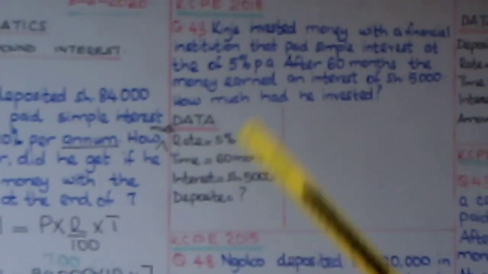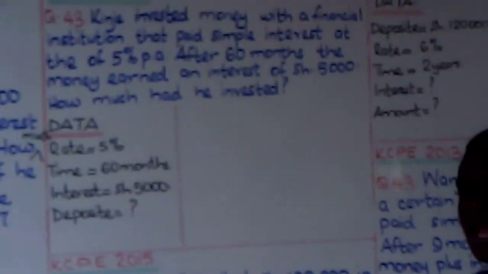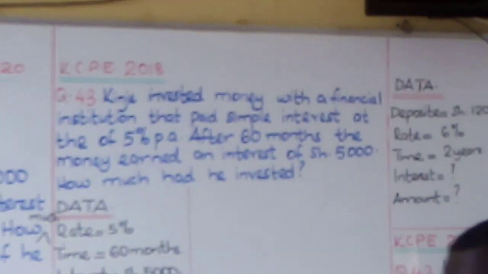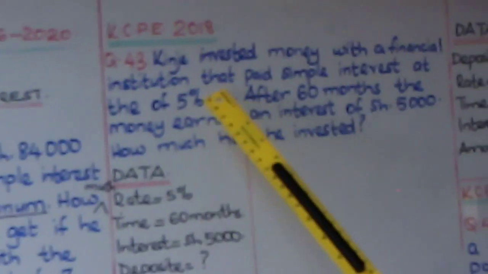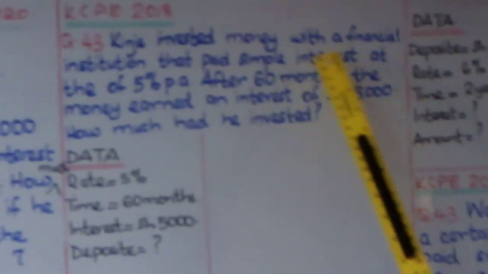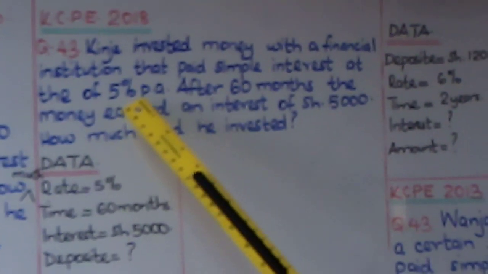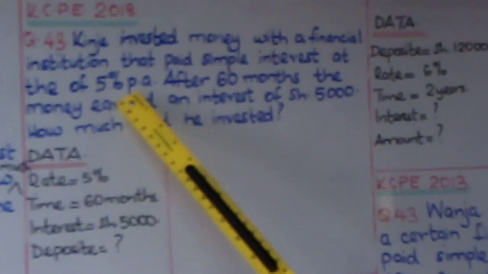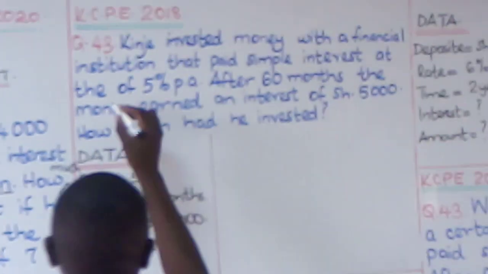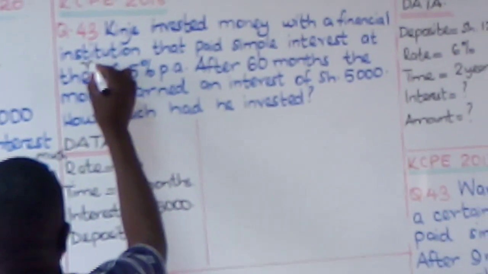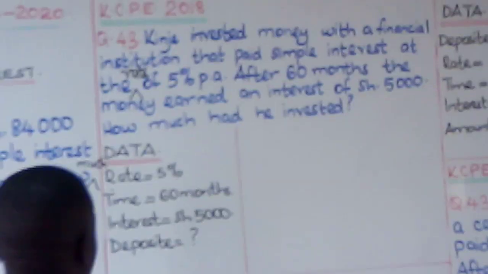KCPE 2018, question number 43. Class, I want us to read together. Kinje invested money with a financial institution that paid simple interest at the rate of, that is supposed to be rate, boys and girls, a few mistakes here, at the rate of 5% per annum.